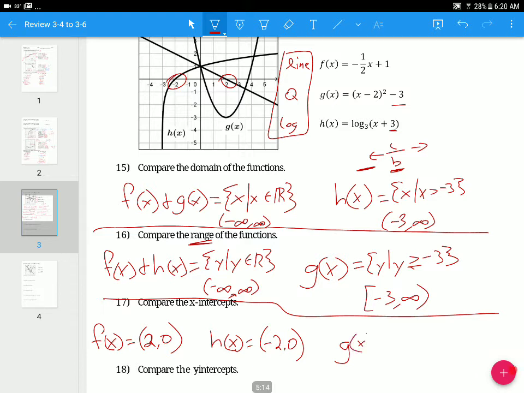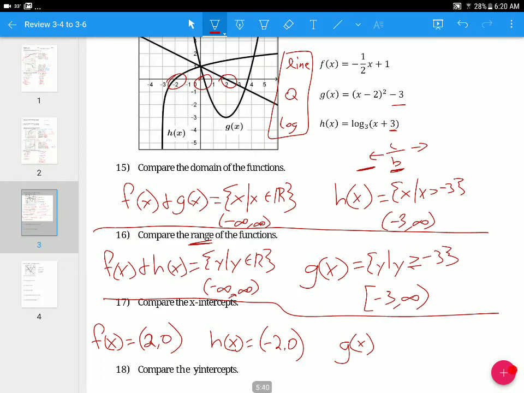Just stick them in your calculator, go to second, calculate, zeros to find those, and pick a left side and a right side. I don't have a calculator with me, so I'm using a program on my computer that'll do it for me. I know, Mr. Hunter's cheating. X minus 2 squared minus 3. I'm actually using something called Desmos, which is online.